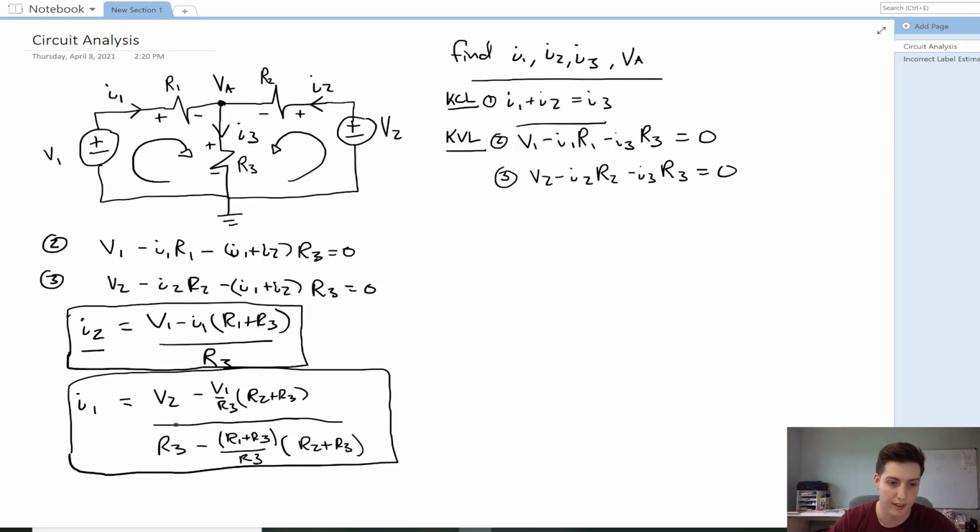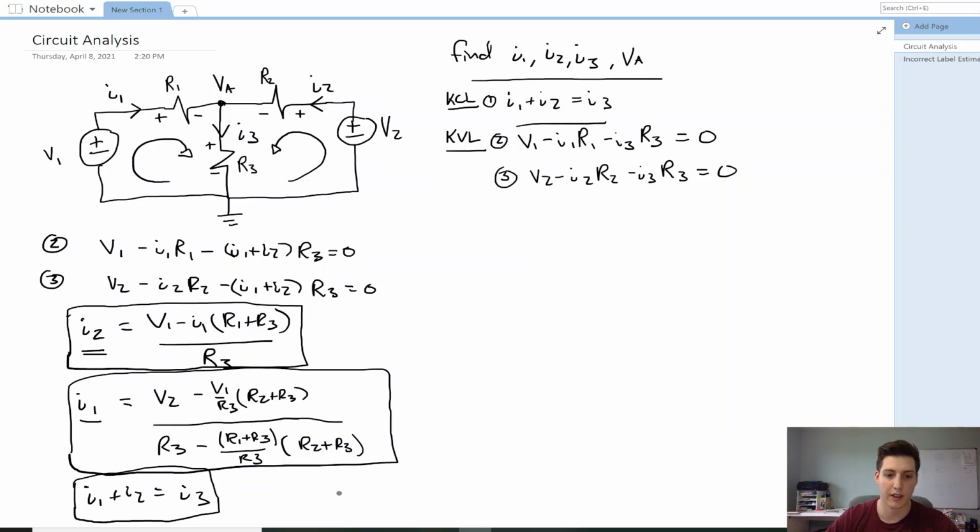And notice that I1 is given in terms of all the voltages and the resistors, which should be given, so we can calculate an actual numerical value for I1. Based off of that numerical value, we can plug that into I2 and get that as a numerical value. Now we know that I1 plus I2 equal to I3. So we know that both of those are a numerical value, so I3 we can get as a numerical value.